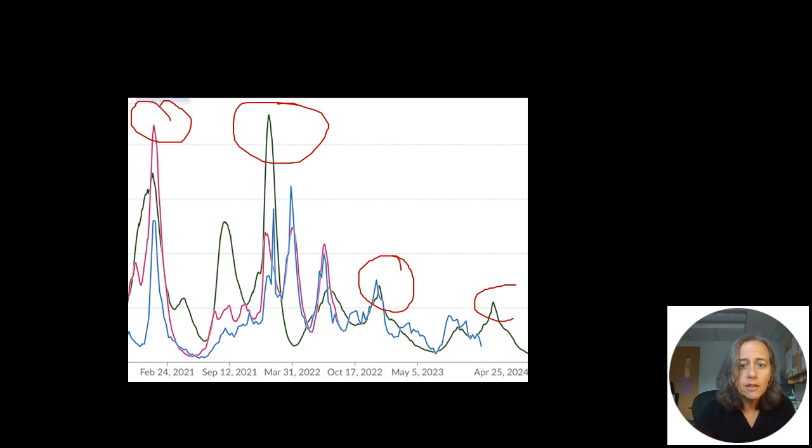And then here is the winter of 2023, 2024. So we can see that COVID is still happening, right? People are still ending up in the hospital from it, at lower numbers than previous, which is excellent, which could be for a variety of reasons. Either there is less COVID around and or people aren't getting as sick from it as they used to, right? So it's not as devastating, it's not as severe a disease as it used to be.